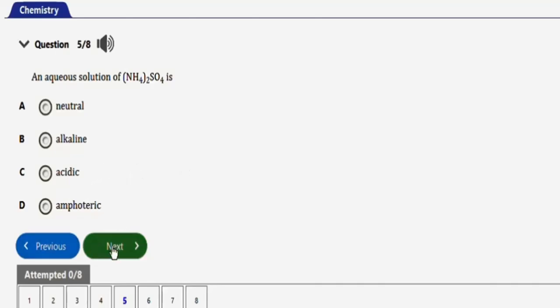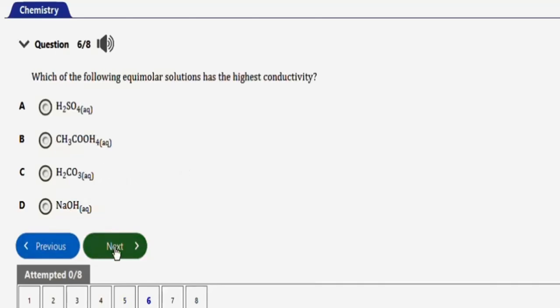The next question will be this one. It says, which of the following equimolar solutions has the highest conductivity? So we have tetraoxosulfate(VI) acid, or sulfuric acid. We have trioxocarbonate(IV) acid, that's option C. Option D, we have our sodium hydroxide.